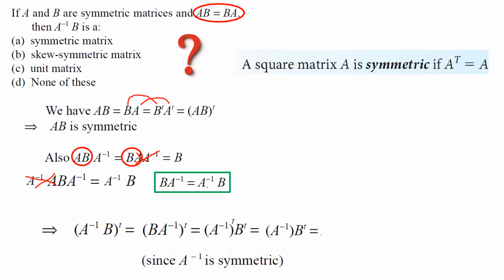Multiplied by the transpose of B, which is B, it's going to be equal to the inverse of A times B. So we basically showed that the transpose of the inverse of A times B is equal to the inverse of A times B. It means that it is a symmetric matrix.